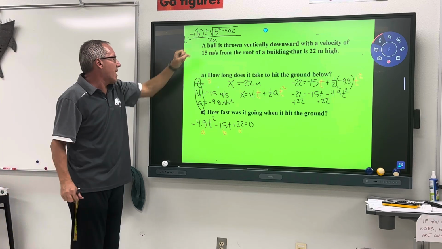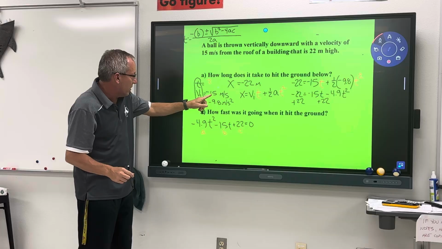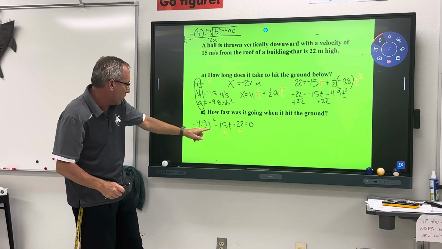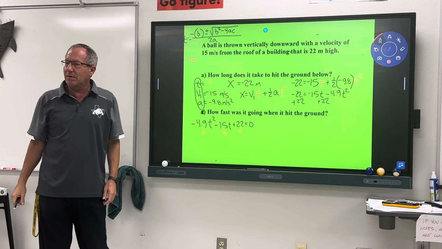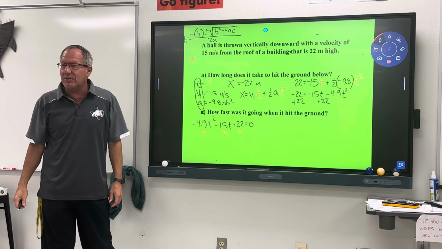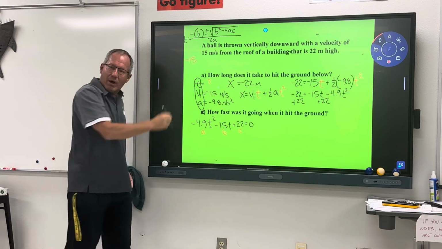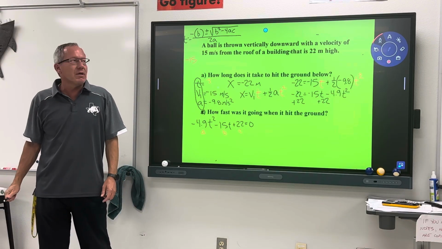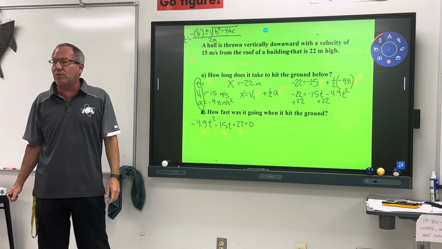Why do you think I do that? Because the biggest mistake people make is they see this as negative 15, because this is going to be your b, and they start this off as negative 15. And the equation will obliterate on itself right from there. Why? Because it's negative 15, which ultimately is going to make this what? Positive. And that's why I put parentheses there and say drop it in and let the signage do its work.